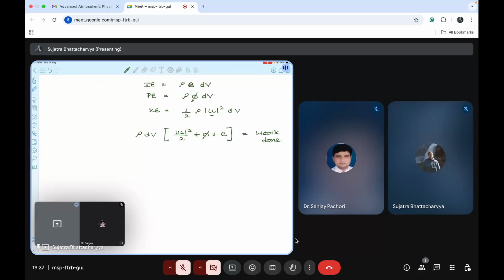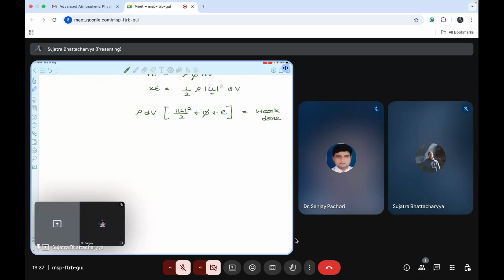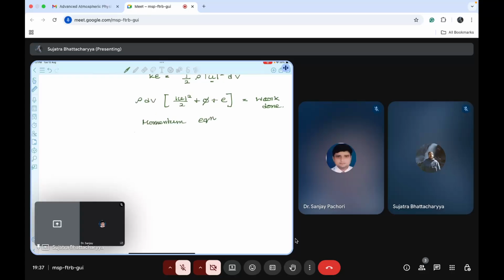This is known. So this is the energy conservation equation. How to derive this: to start with the momentum equation. The best way to start is the momentum equation. Why, you will get to know.